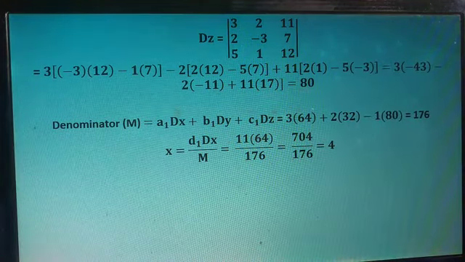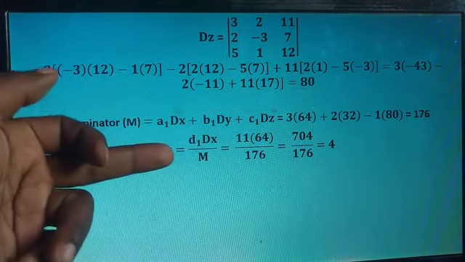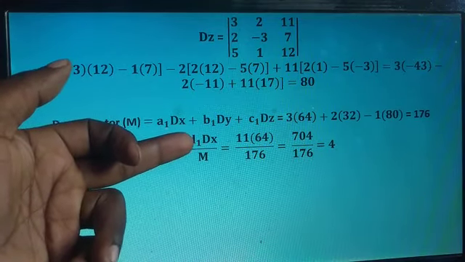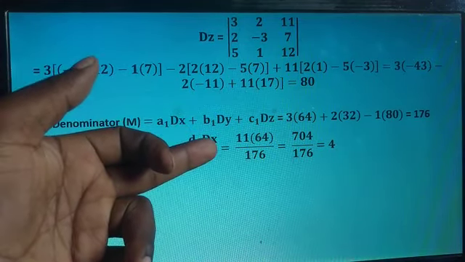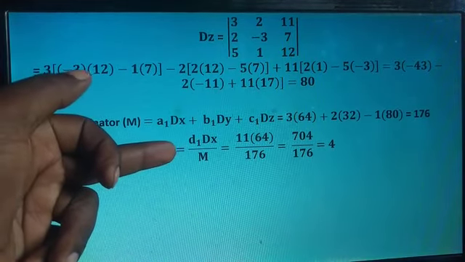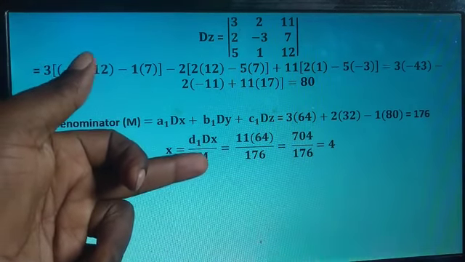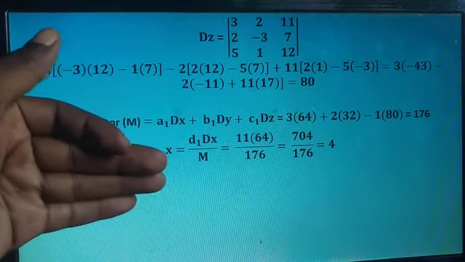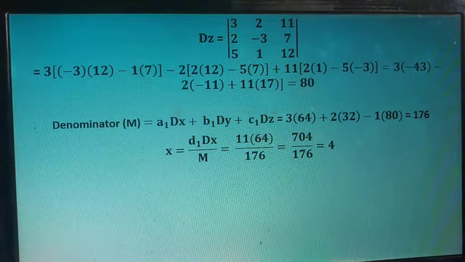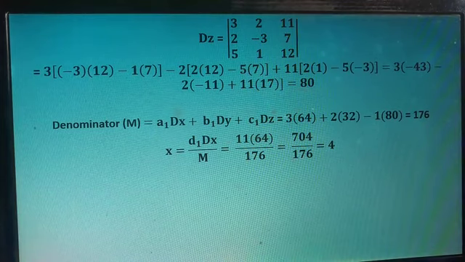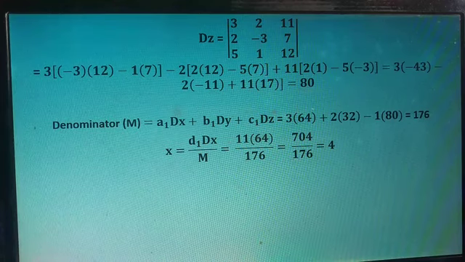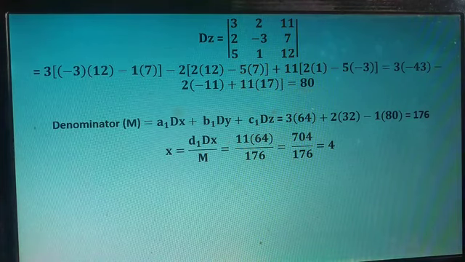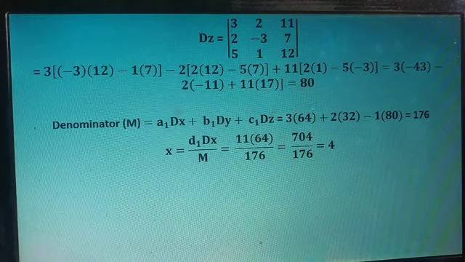So the formula for finding the value of x is simply the constant of the equation that you are using multiplied by the corresponding determinant of what you are finding, in this case x, then divided by the denominator. This denominator is going to be used throughout. It's something that is constant. We need to use it in all the 3 sub-formulas that we are using to find the solutions.